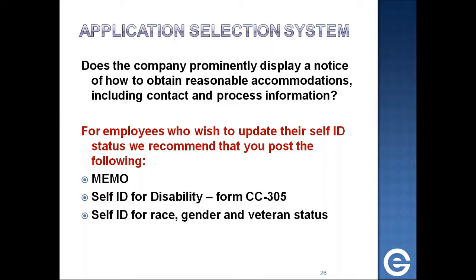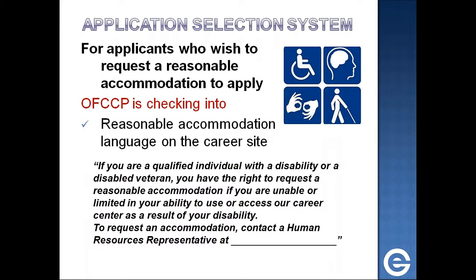So people are changing their race status. They're changing their self-ID status. Gender is one that can be changed through transgender. And then veteran status, sometimes people will change that. That's not exactly one that is common for them to change, but they sometimes will change their status if they feel that it's valuable to the company.